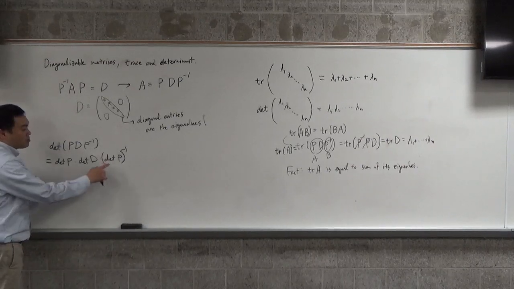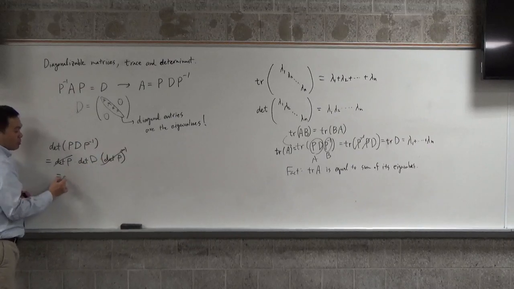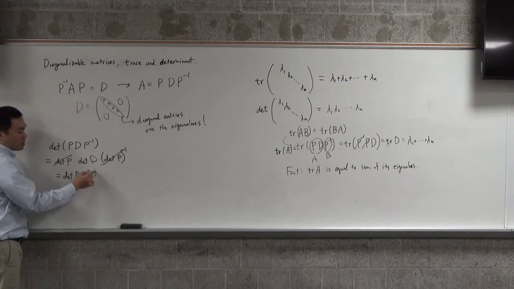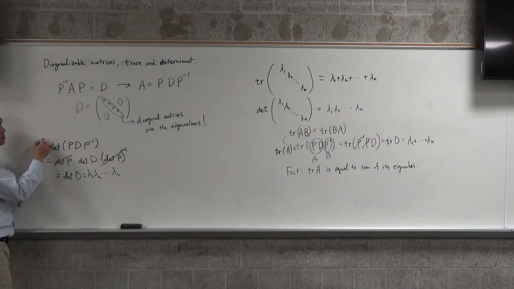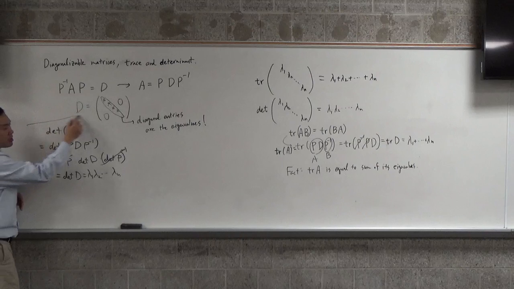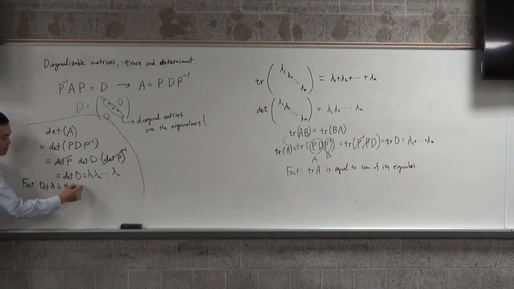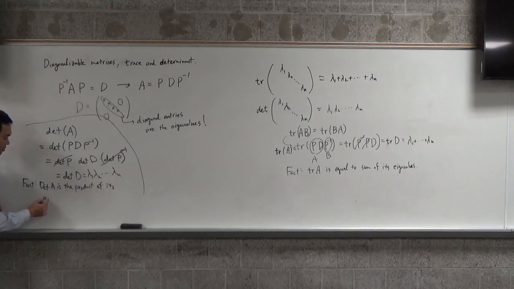Because this is a number, it's 1 over this number, so they cancel. And you end up with the determinant of P, the determinant of D, which is lambda 1 times lambda 2 times lambda n. And because this thing here is A, we see another fact: the determinant of A is the product of its eigenvalues.